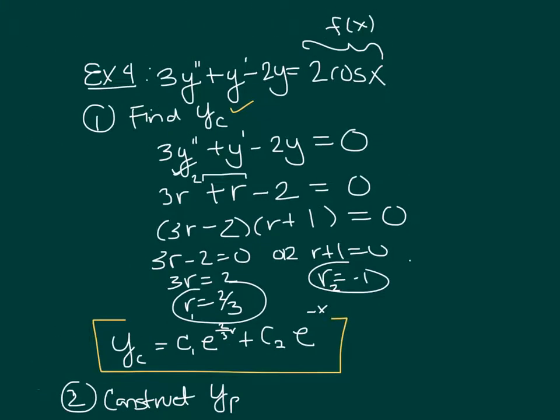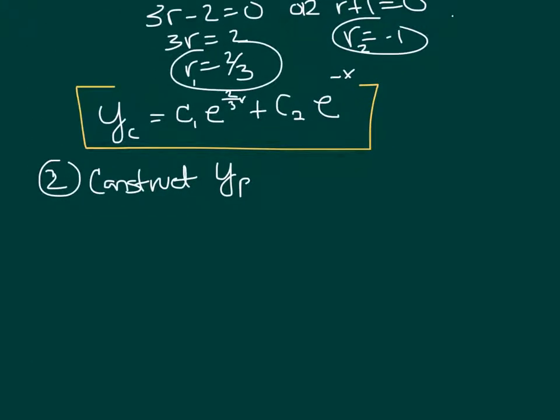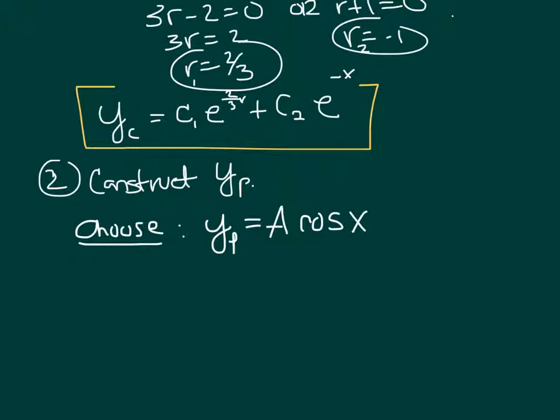Don't just write a cosine x. Let's write down everything I'm saying here. So let y sub p be a times cosine x. Be careful not to use just a cosine x; we're going to want to include sine of x in this expression, so we'll put plus b sine of x.